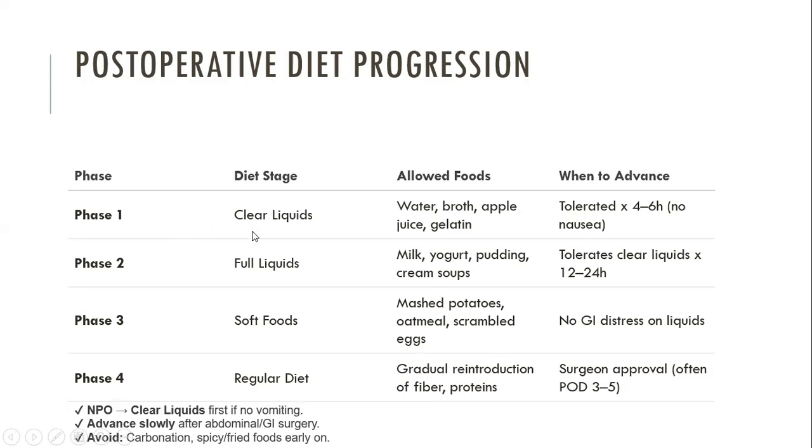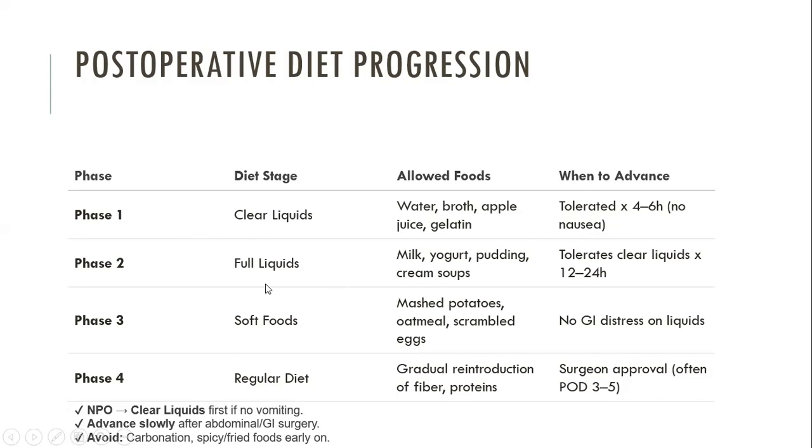In phase 1, the patient should be allowed clear liquids like water, broth, apple juice, or gelatin, and you have to monitor if he is tolerating these clear liquids for 4 to 6 hours and is having no kind of nausea. Then you can advance to phase 2.